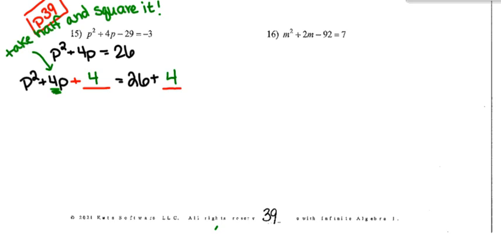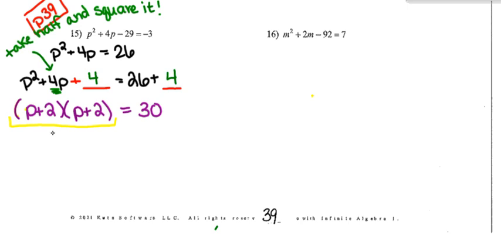I'm now going to factor the left side. And the left side of my equation will factor into p plus 2 times p plus 2. And I'm going to combine the terms that I have on the right side to get 30. And it just so happens that the factors on the left side will always be a perfect square.